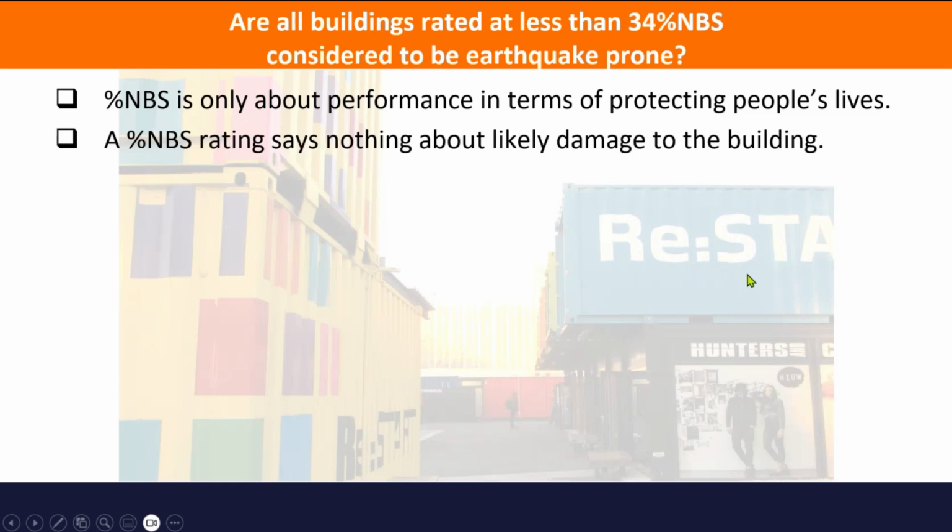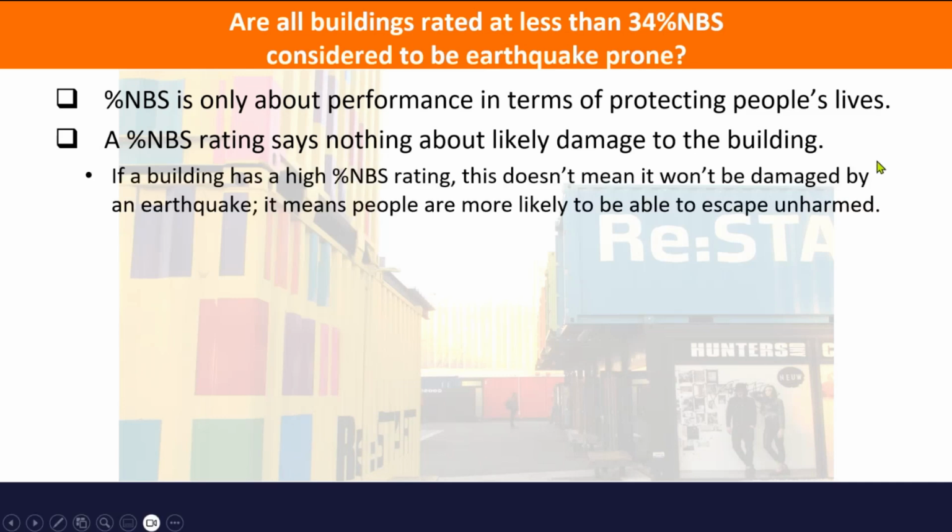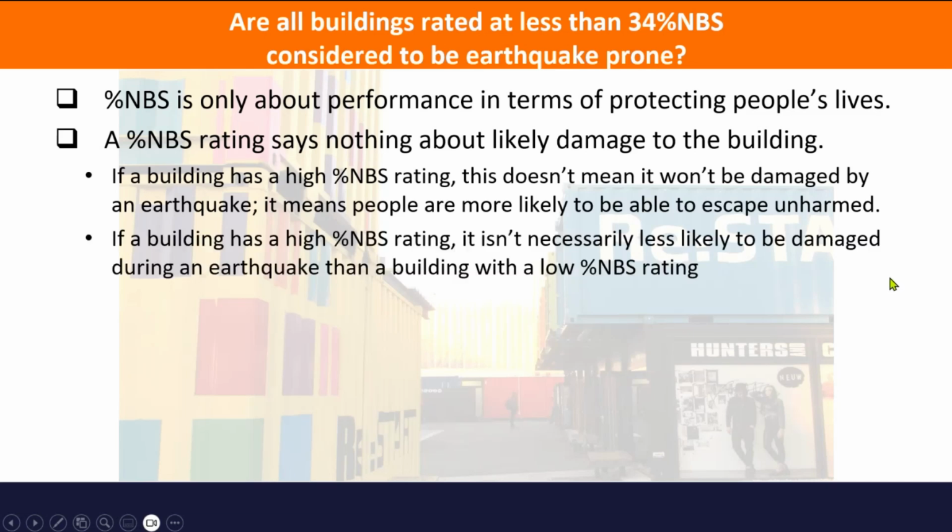It's about protecting people's lives and other people's property. So if your building falls on another property, it can be an earthquake-prone building. It doesn't say anything about the damage to your building. If you've got a higher rating, it doesn't mean it won't collapse, but there's a higher probability that people will get out in the event of an earthquake unharmed.